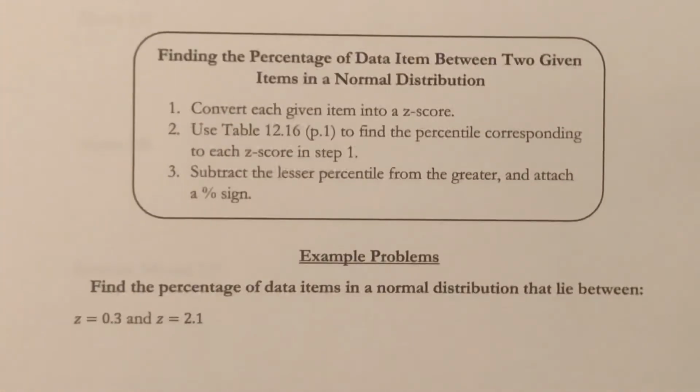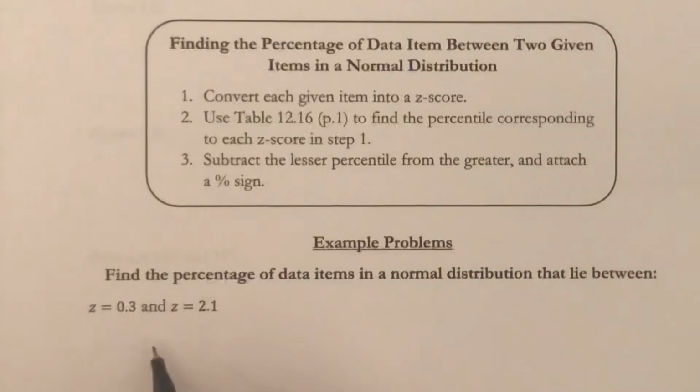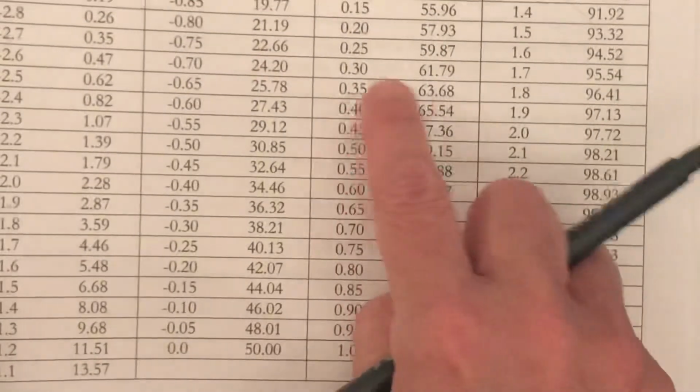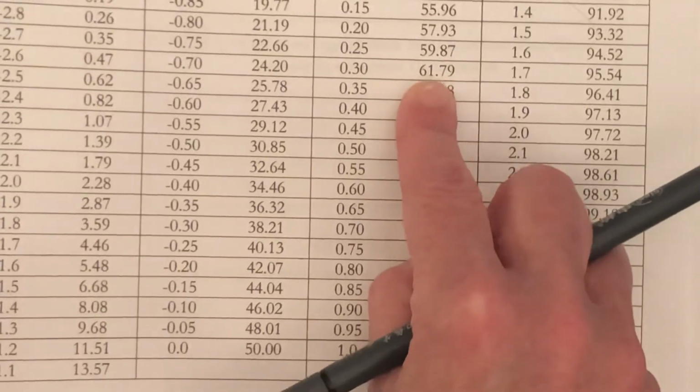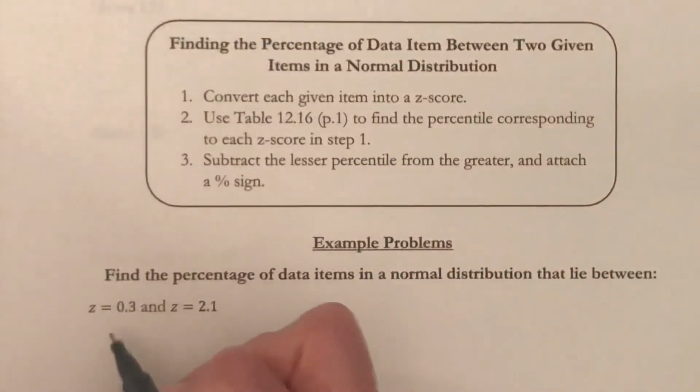Okay, now if we want to find the percentage of data items between two items in a normal distribution, we're going to convert each item into a z-score if we need to, and then we're going to use the chart to find the percentile for each one, and then we subtract them. It's not so hard. Okay, so let's say we have a z-score of 0.3. 0.3 corresponds to 61.79.